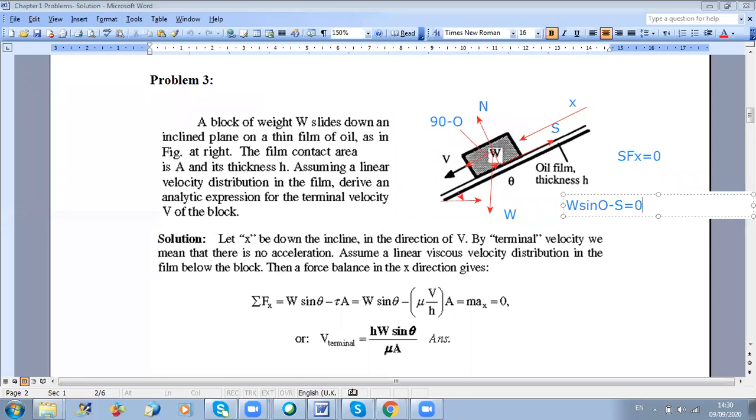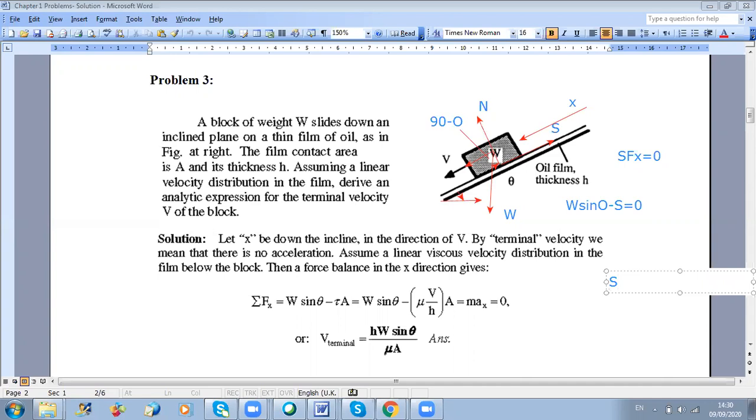Now, how can I write the shear force? We know that the shear force can be written as the shear stress times the area of contact, of shear. So now I will replace S by its value.